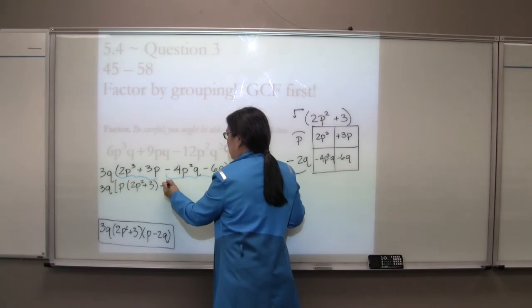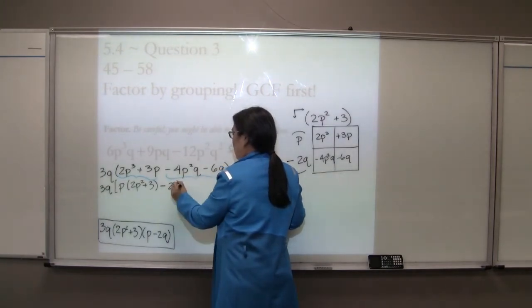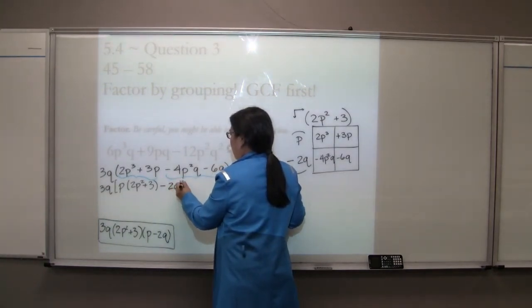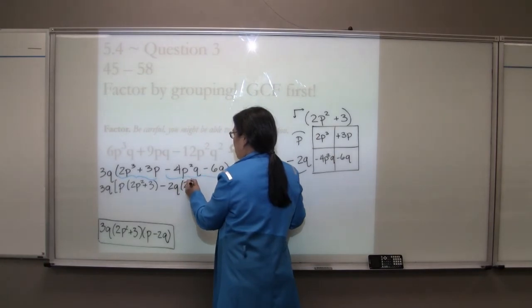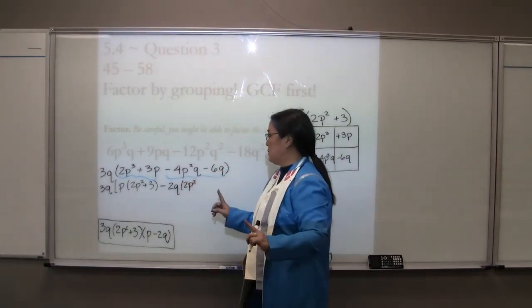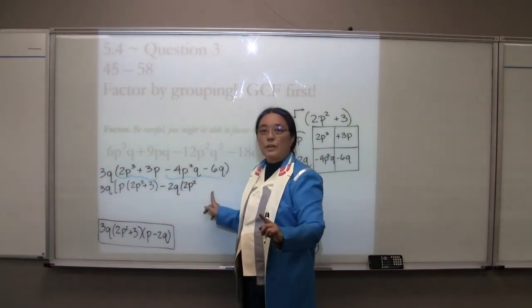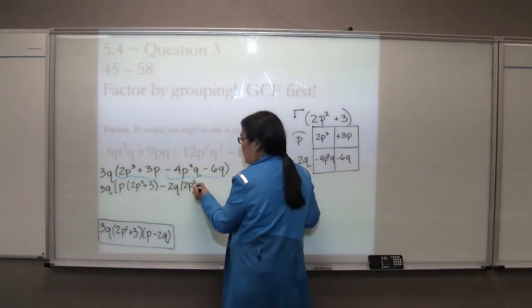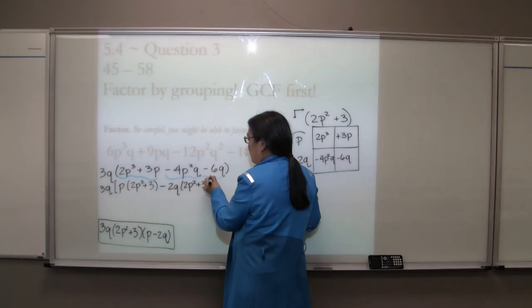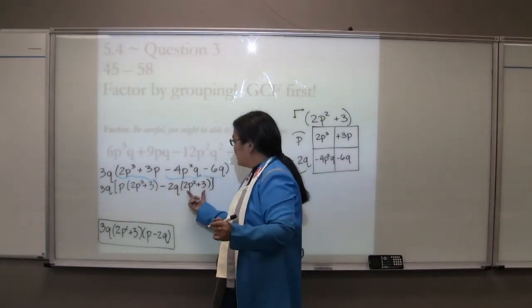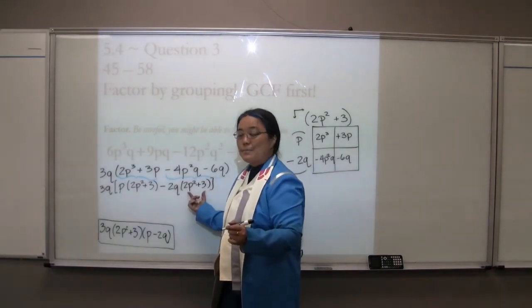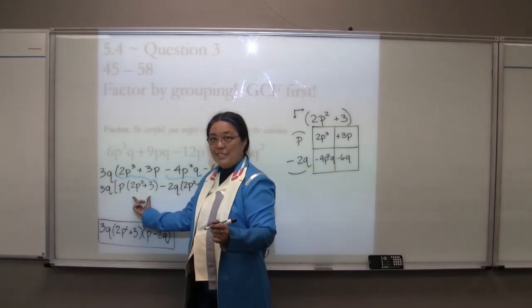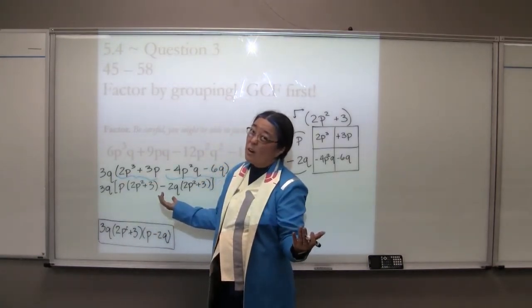I can divide those by 2q, and I'm left with 2p squared, and this is where a lot of students make mistakes, is they put minus 3. We took the negative out, which means that this becomes positive again. Also, because of GCFs, this in parentheses must match this in parentheses, or it's wrong.